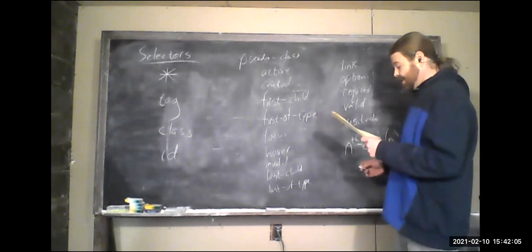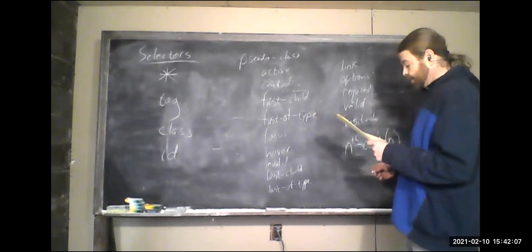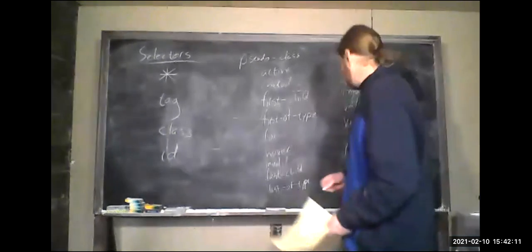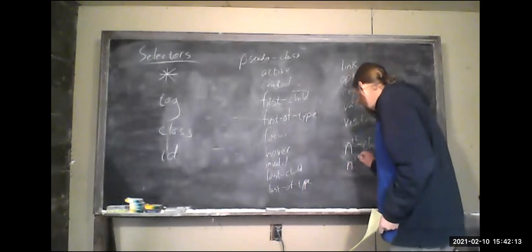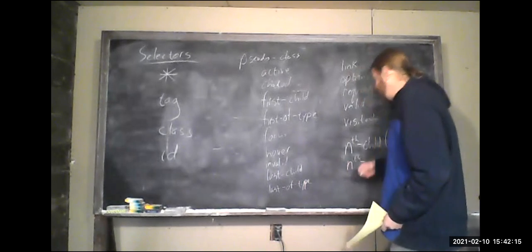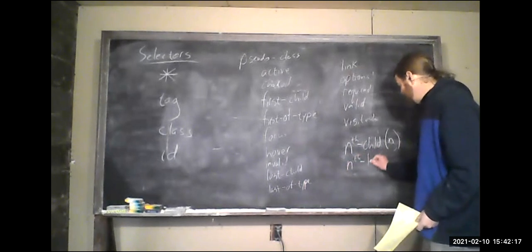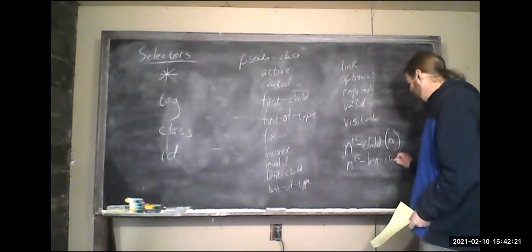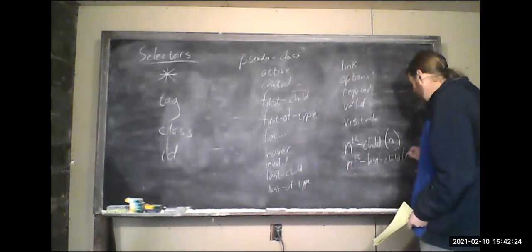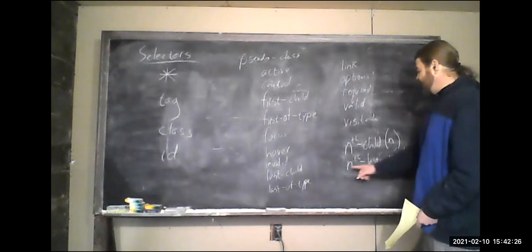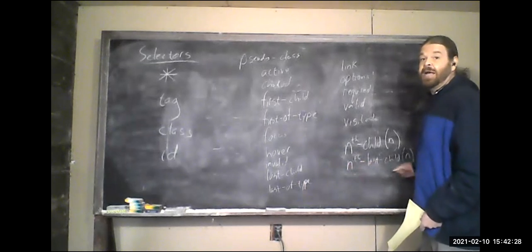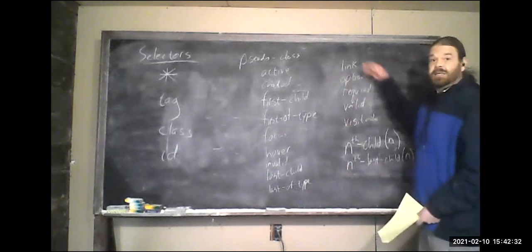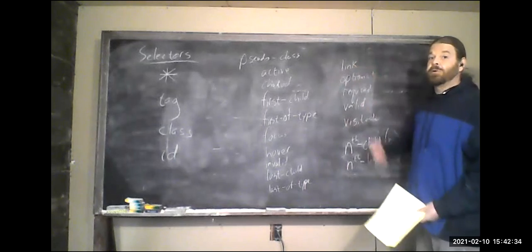So nth child, and there's also nth last child, which just goes the opposite way. Nth dash last dash child. And then we say which number it is. So if we put nth last child and put 3, that's the third one from the bottom. Whereas nth child with a 3 would be the third one from the top.